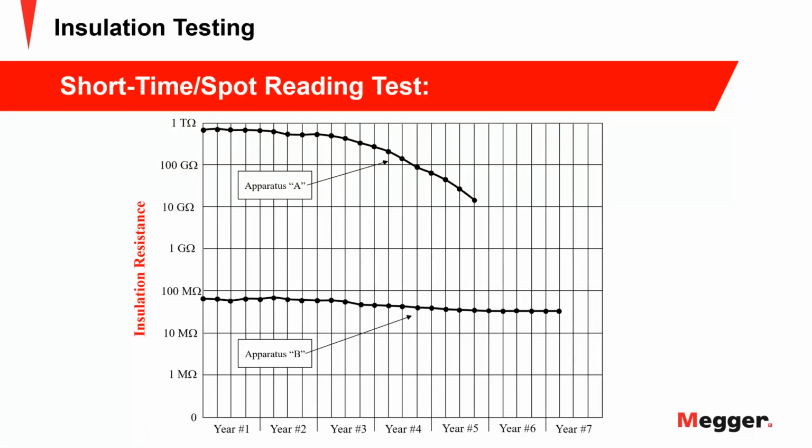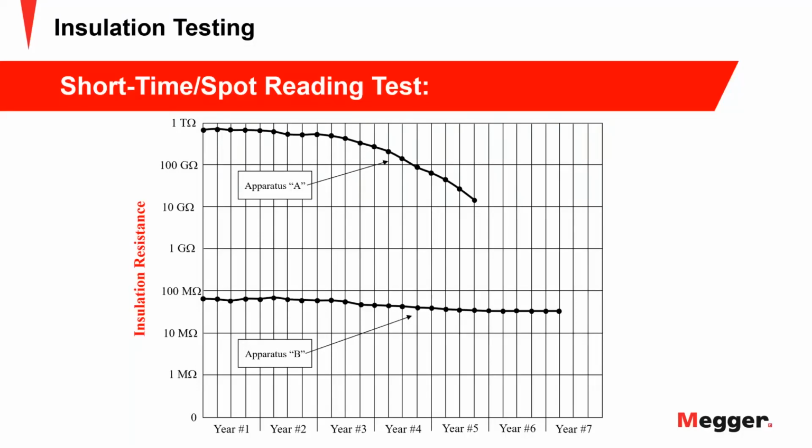Now, we're not talking about readings that are down around the failure point. We're talking about readings that are acceptable, but not way up in the high range, but they're holding constant over time because you just have distributive leakage. There's no problem spot that's developing like a burn track or a tree or something like that. So if you see readings holding steady like that, even though they're not real high, you don't have to worry about apparatus B. That's in pretty good shape.